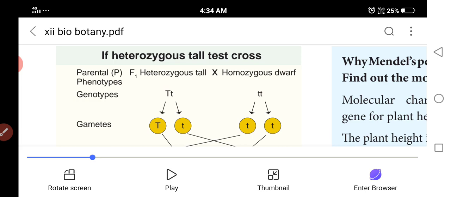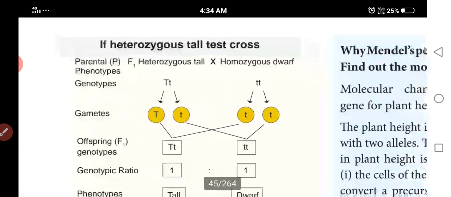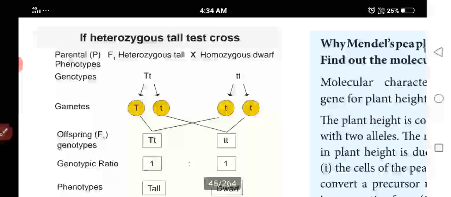When the parent is crossed with a recessive genotype, that is called a test cross, by crossing an organism having unknown genotype with a homozygous recessive organism.